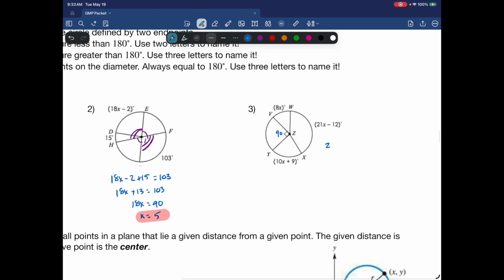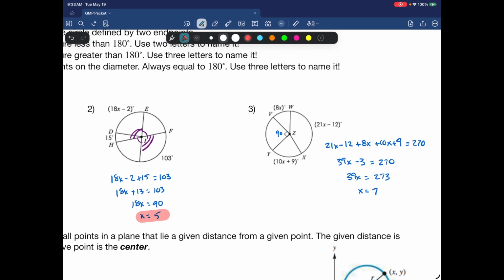So this would be 21x minus 12 plus 8x plus 10x plus 9, and I'm going to say equals 270. Combining like terms, that gives me 39x minus 3 equals 270. So I got 39x equals 273, x equals 7.